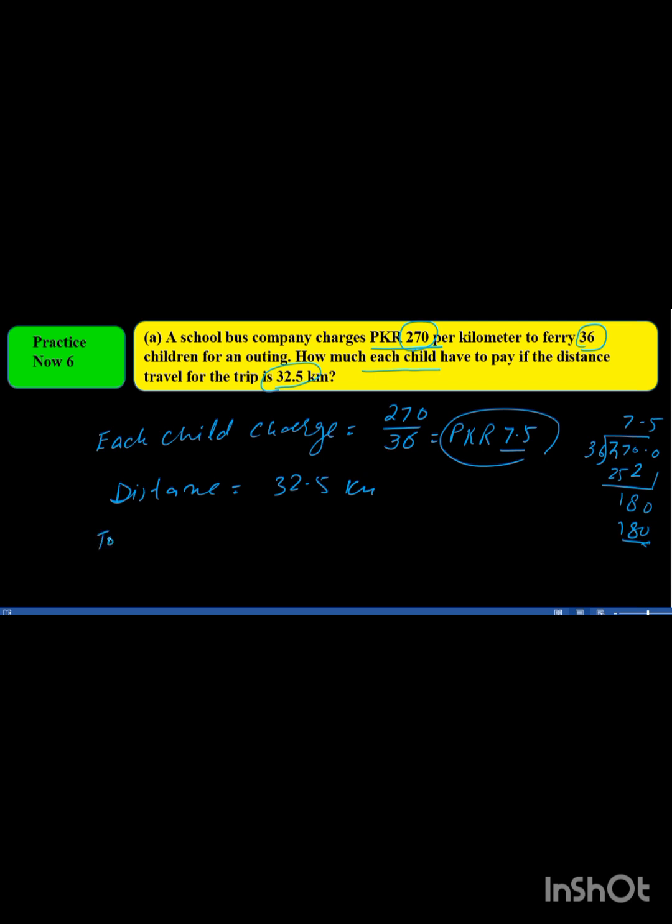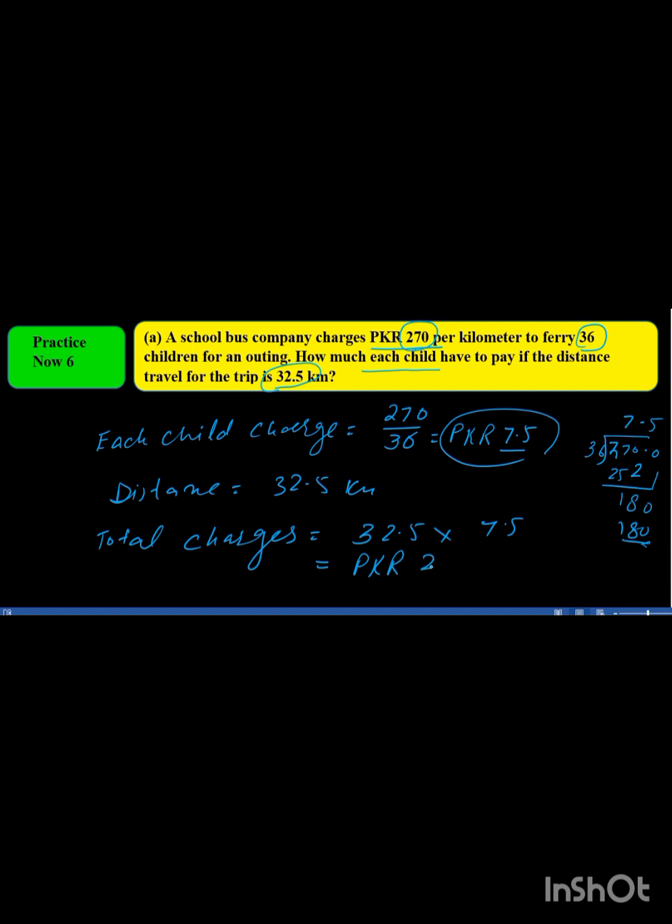So the total amount, or you can say total charges for the trip, is 32.5 multiplied by 7.5. Again it is a multiplication, so you can do it in your workbook or on your rough page and get the answer.